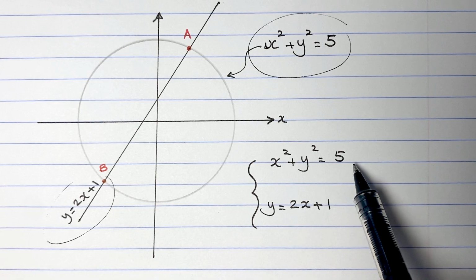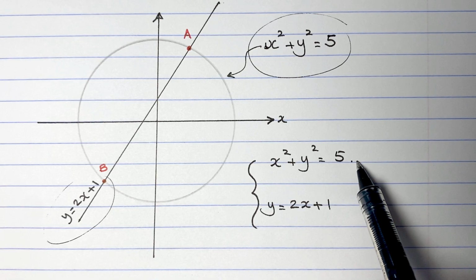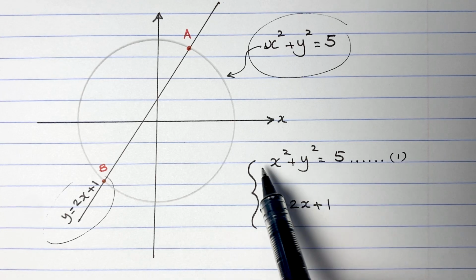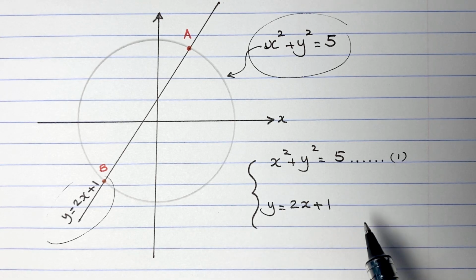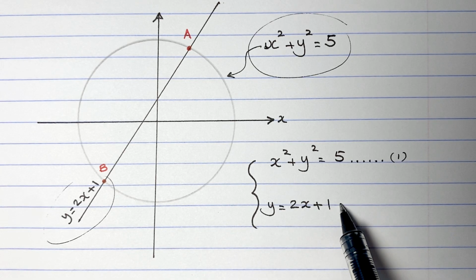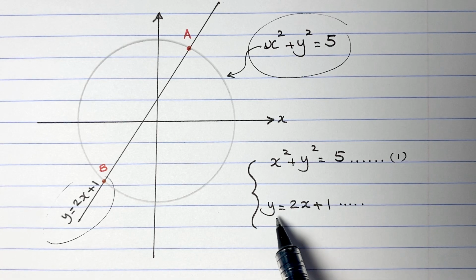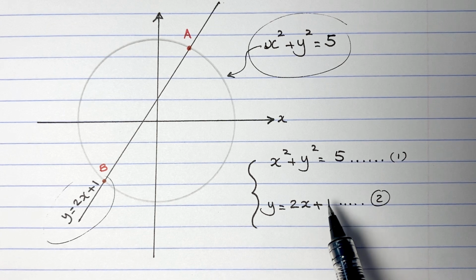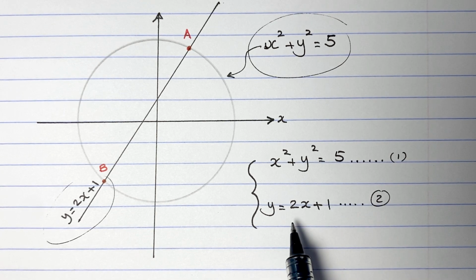Now, this is not the same type of equation that we did previously when we crossed two lines. This is one non-linear and one linear. So we can't do elimination, we can do substitution.